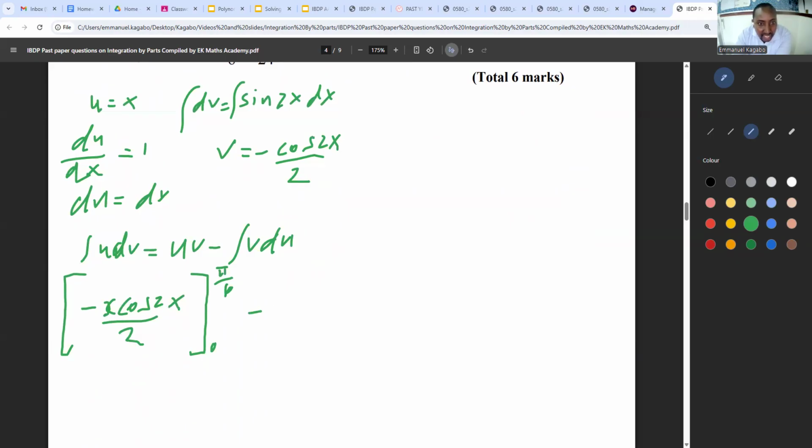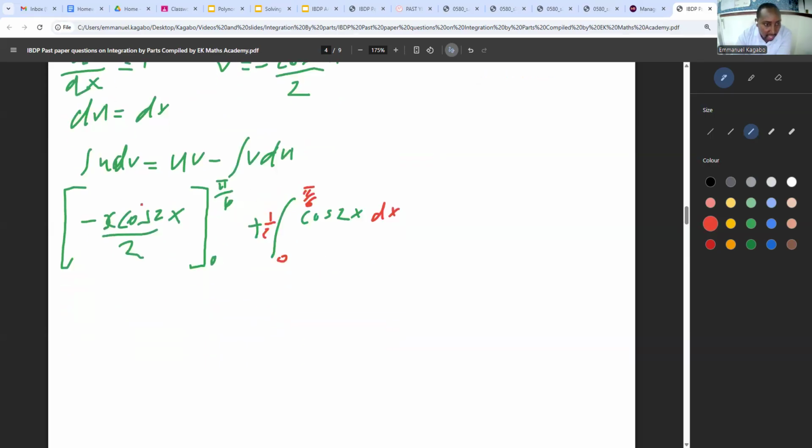So this is minus, and there is minus here, so it will be plus integration of cos 2x over 2. I can write a half outside here. I hope we are together here. Okay. Then dx, because that is your du. Okay. Are we together, guys? Very good. Remember my limits 0 and pi over 6. Are we together, guys? Very good.